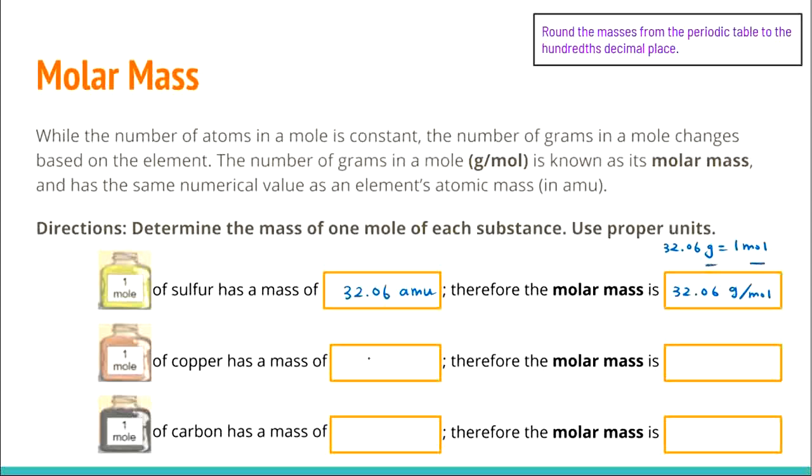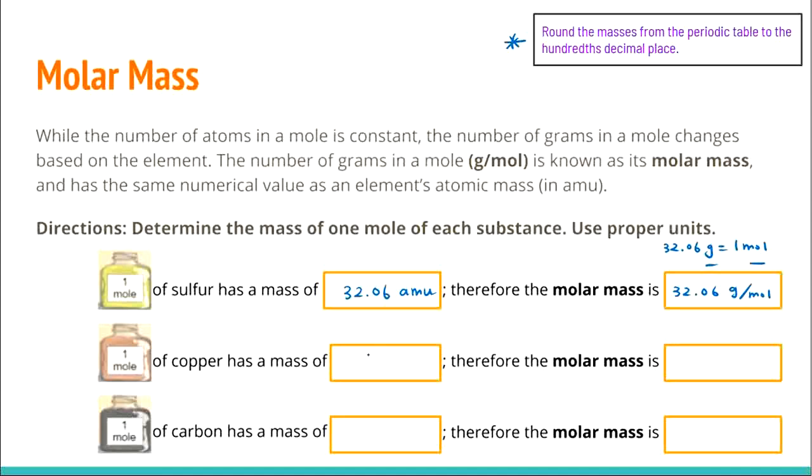Now sometimes the masses on your periodic table will have 5, 6, 7 numbers. So that we are consistent, we're going to round the masses from the periodic table to the 100th decimal place, so the second place after the decimal. Okay, so 1 mole of copper, according to our periodic table, is 63.546. I'm going to take that number to the 100th place.